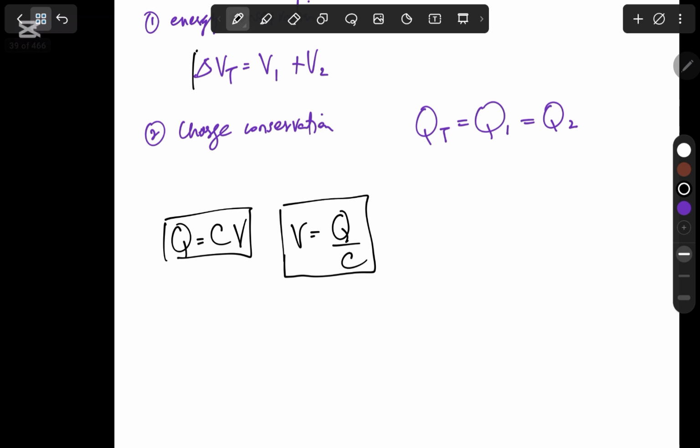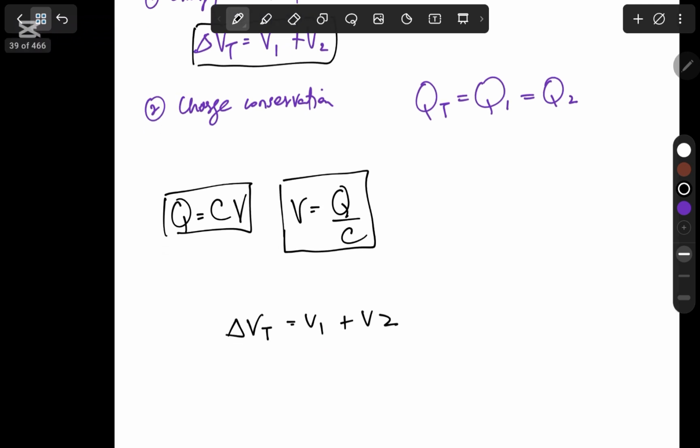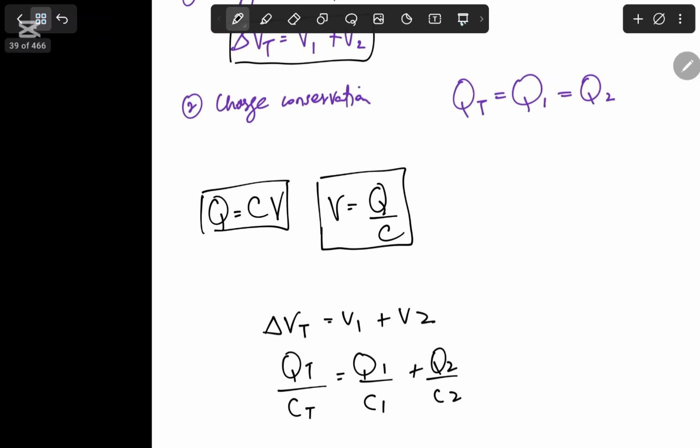So we're going to use this equation. V total is equal to V1 plus V2. So we can write Q total over C total is equal to Q1 over C1 plus Q2 over C2. Now, all of these Q's are the same, so they cancel each other out.